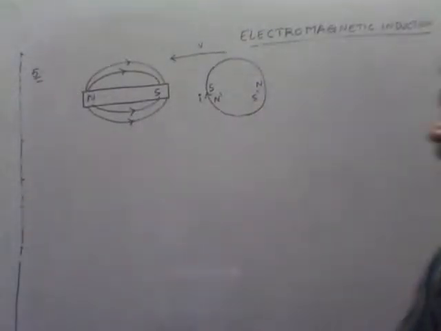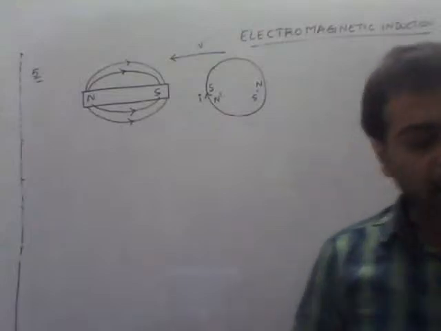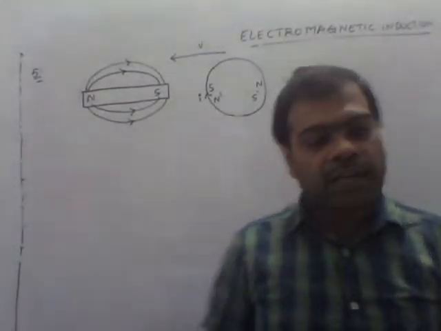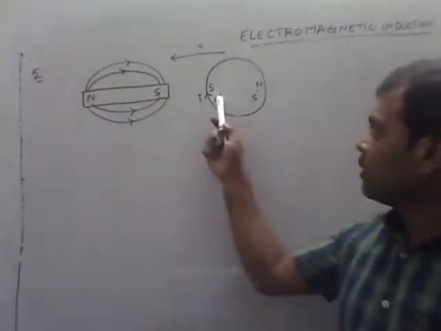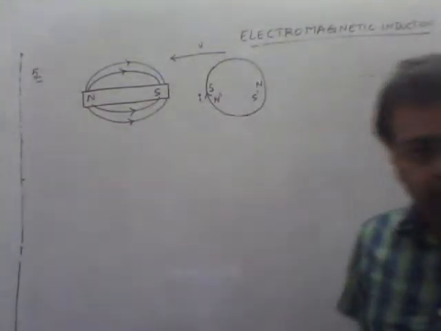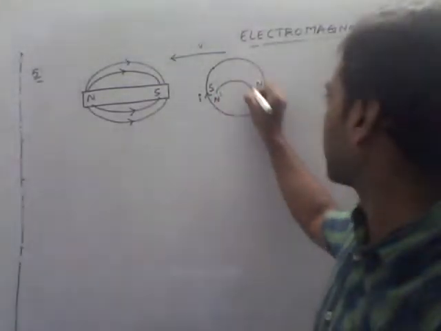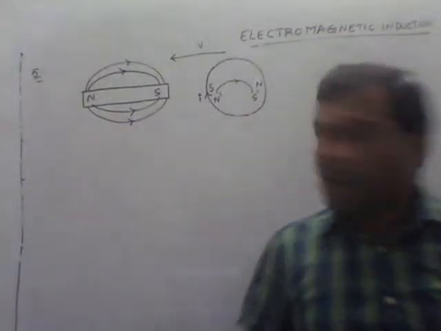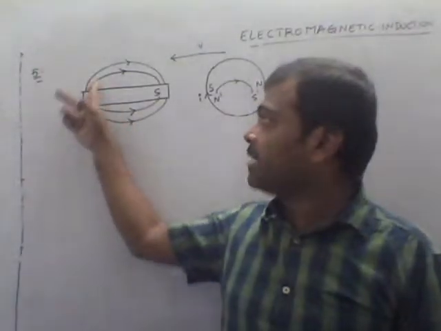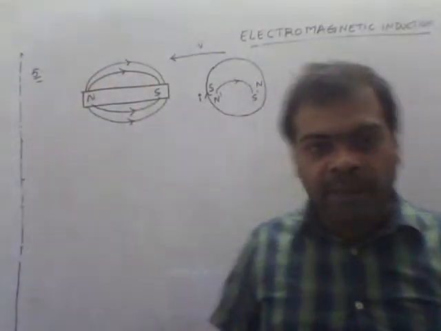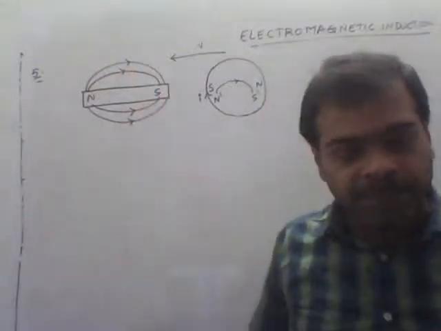Generally, the current will flow from the North Pole to the South Pole, or particles will move from the North Pole to the South Pole. So here the direction of the induced current must be this one. Here the particles are moving from North Pole to the South Pole, approximately in the clockwise direction.